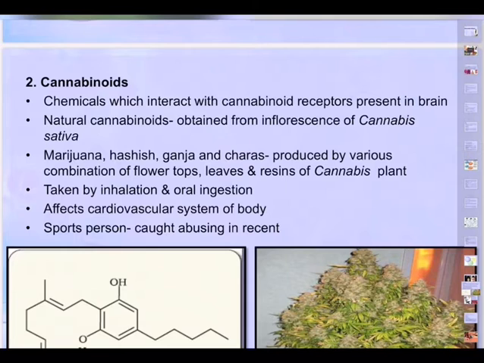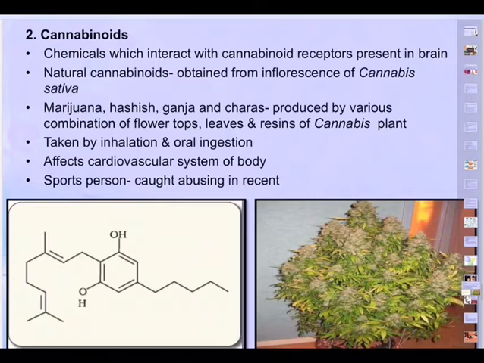And cannabinoids interact with the cannabinoid receptors present in the brain, central nervous system. These are obtained from the inflorescence of a plant called Cannabis sativa. Again, spelling, write it once: Cannabis sativa. These are produced in various forms like marijuana, hashish, ganja, charas.